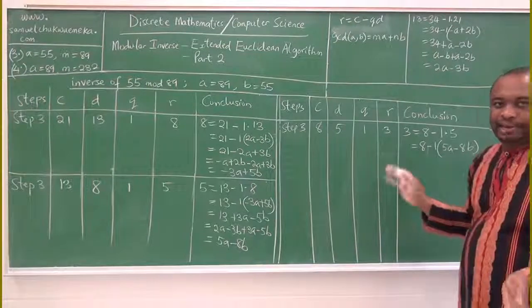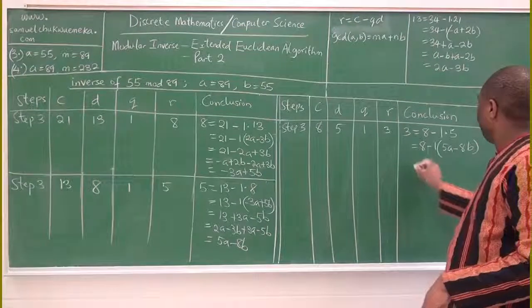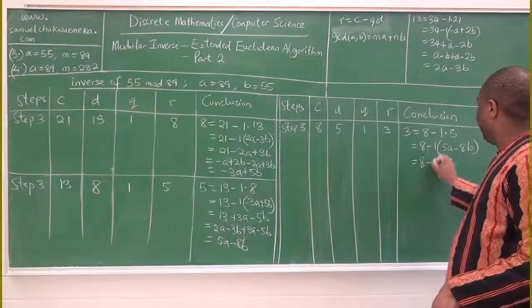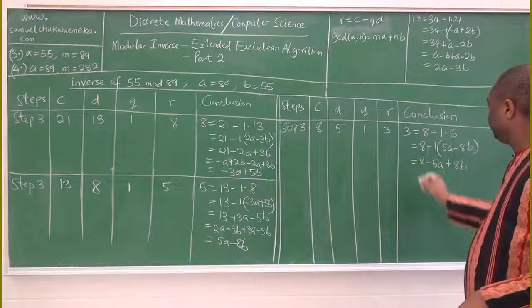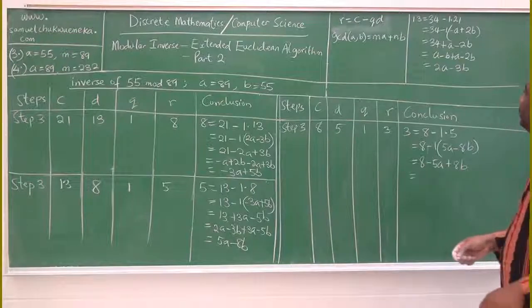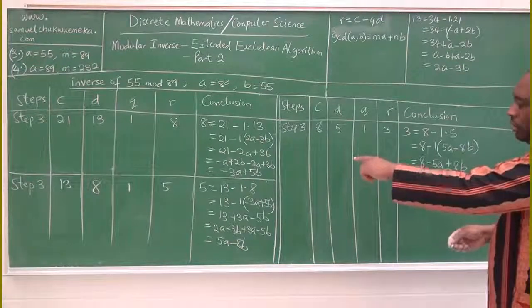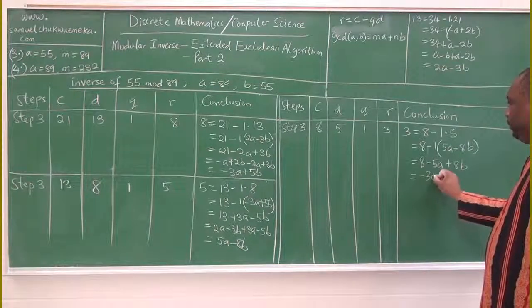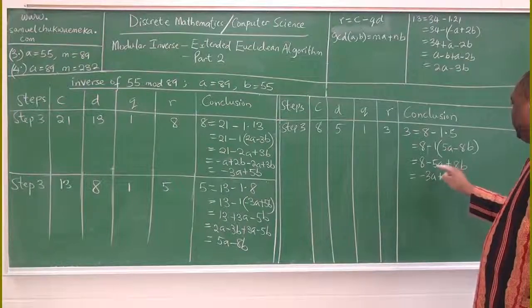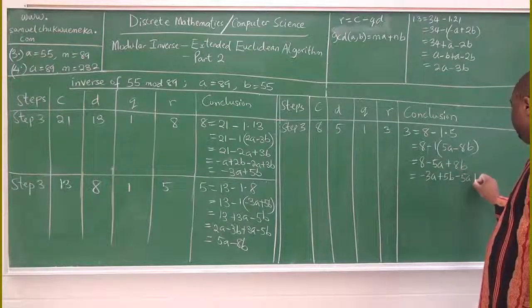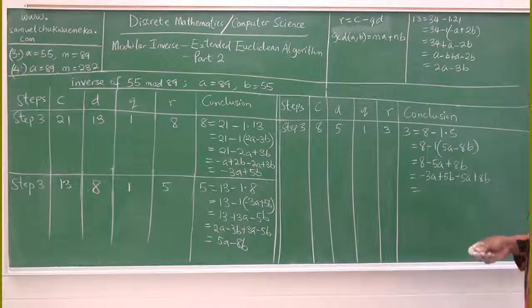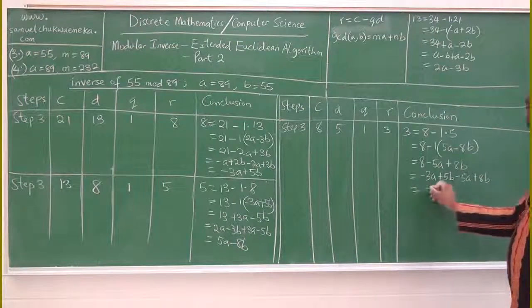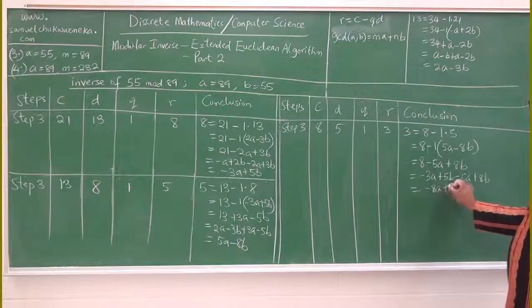You just have to be very careful here. Which is now 8 minus 5a plus 8b. And what did we get as our 8? Our 8 was negative 3a plus 5b. Then minus 5a plus 8b. And this will give us what? Negative 8a plus 13b.